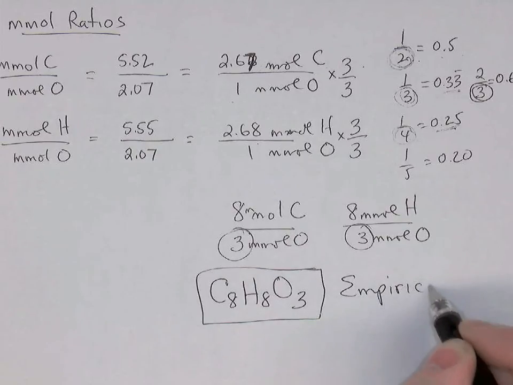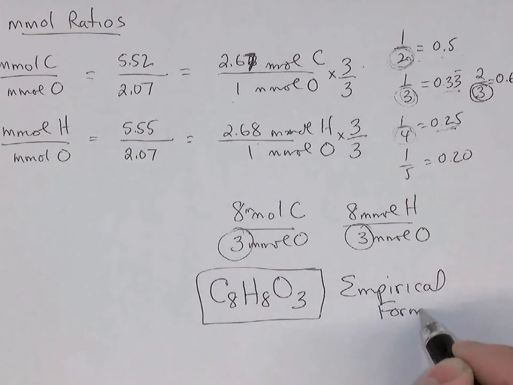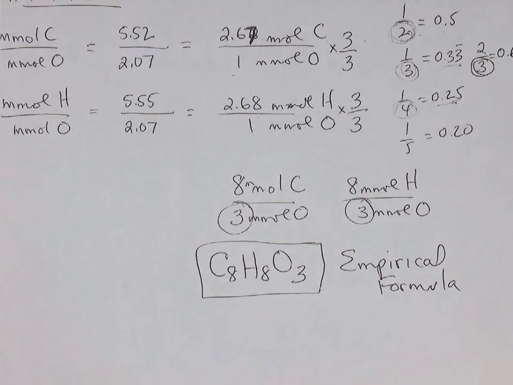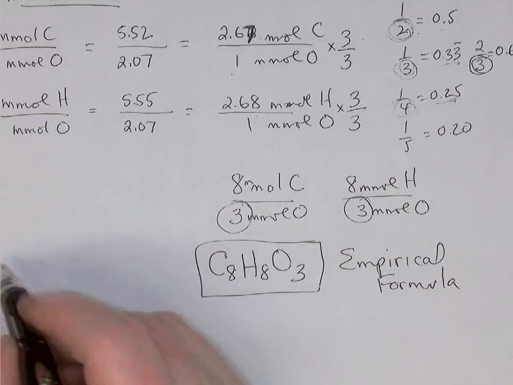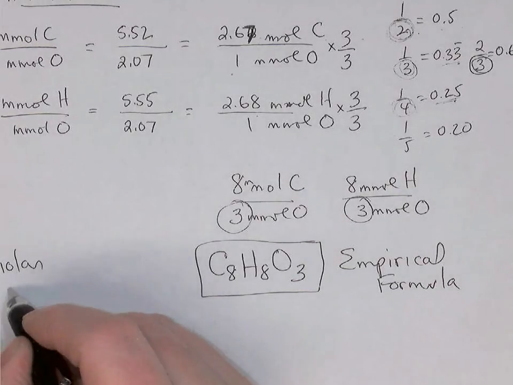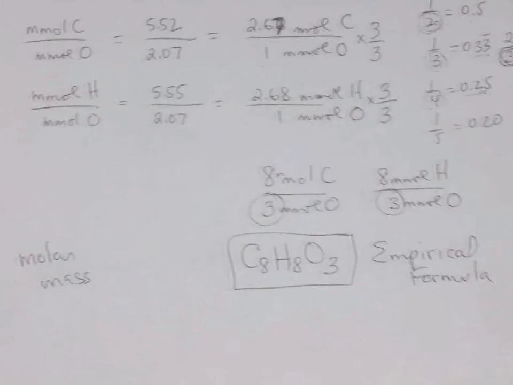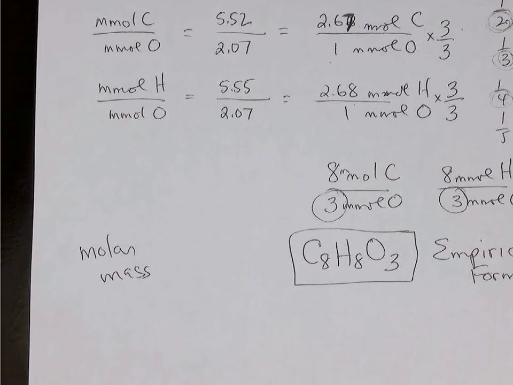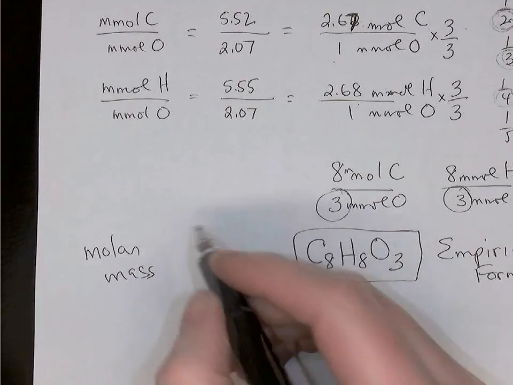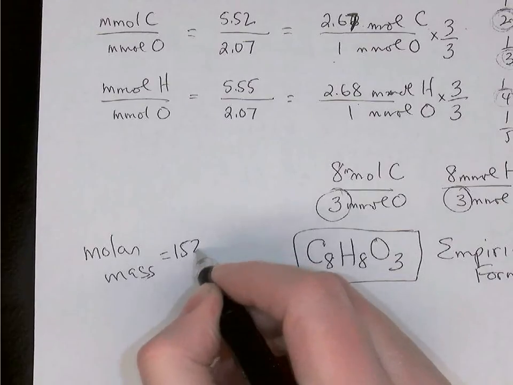But we were also asked to find the molecular formula. And to do that, we were told the molar mass of the vanillin was actually 152 grams per mole. The question told us that at the beginning.